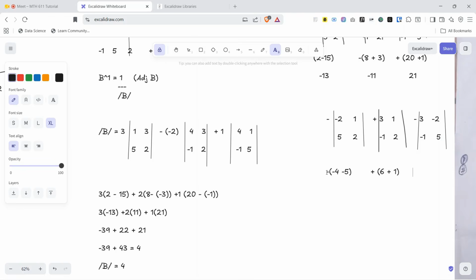Then minus 3 times 5, that's 15, minus 1 times minus 2, that's plus 2 right there. So that would be minus 2 instead.